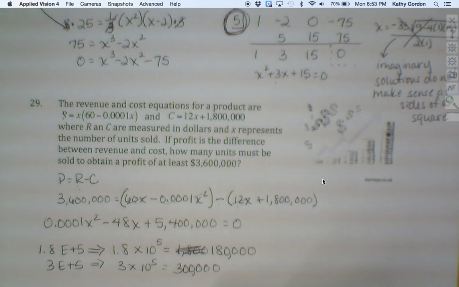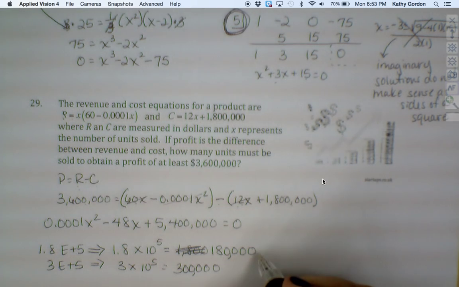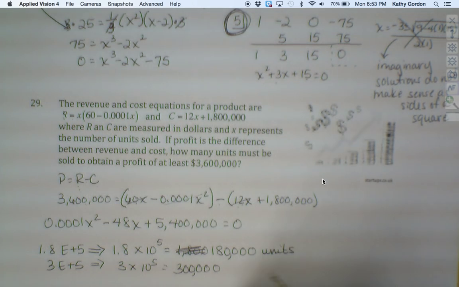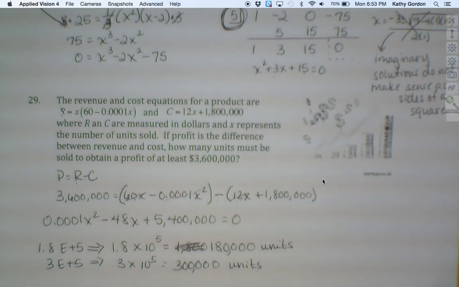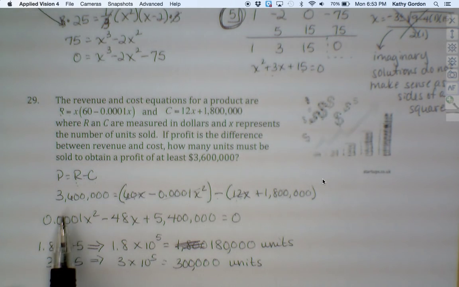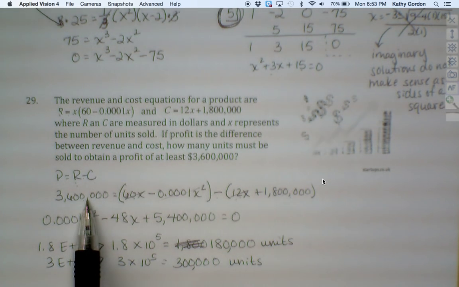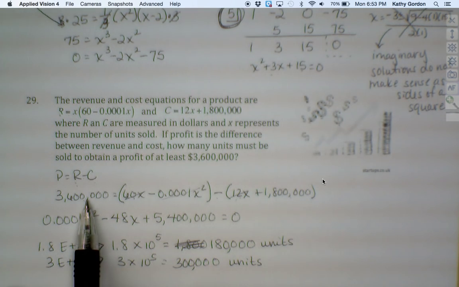Okay? So based on our equation, we actually have two possible results. We could have 180,000 units, or we could have 300,000 units. And if we want at least the 3.6 million, then we want to have profit that is bigger than that.